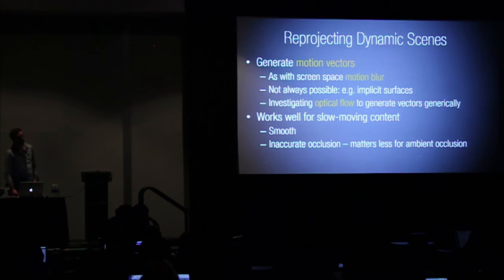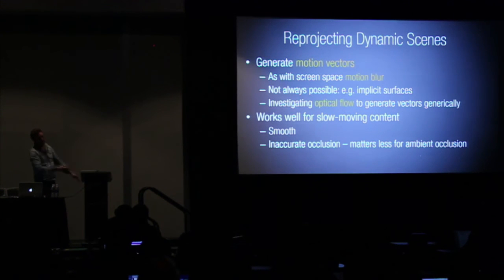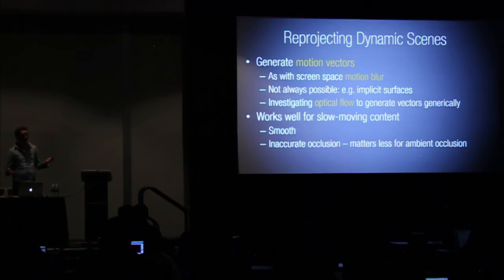And obviously, if I reproject the ambient occlusion of something over here, and then it moves over here, it might have had more ambient occlusion over here. It might have moved into the open world, and so the values I'm reprojecting are wrong. But as we always say in real-time graphics, if it looks okay, who cares?